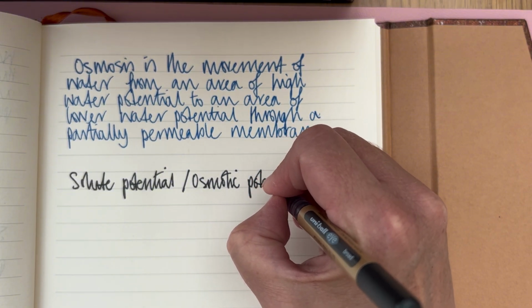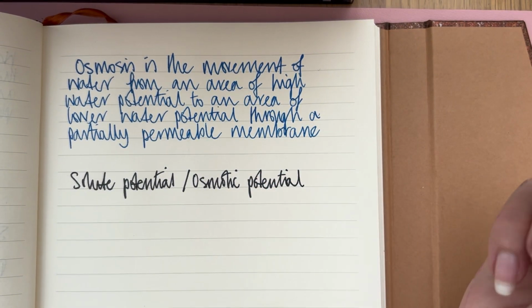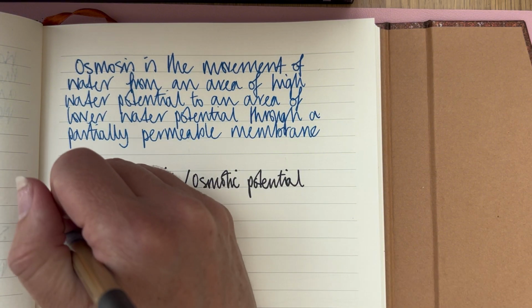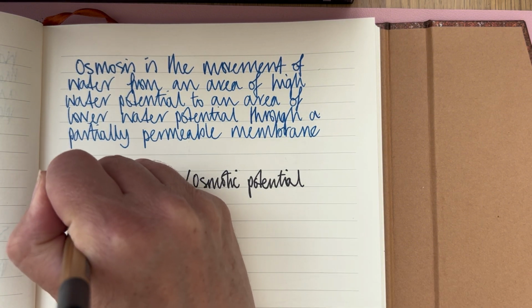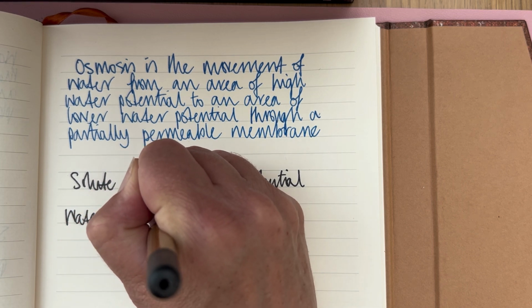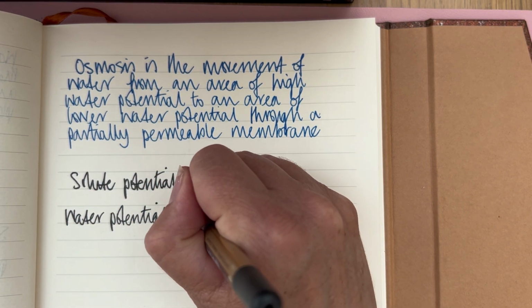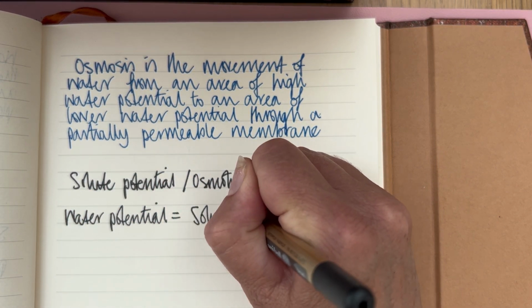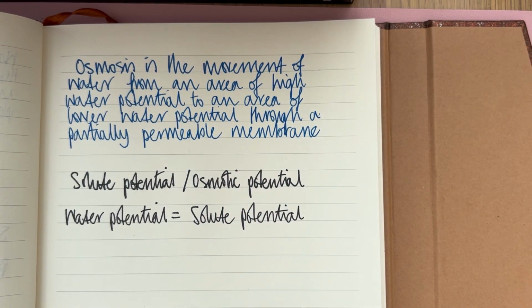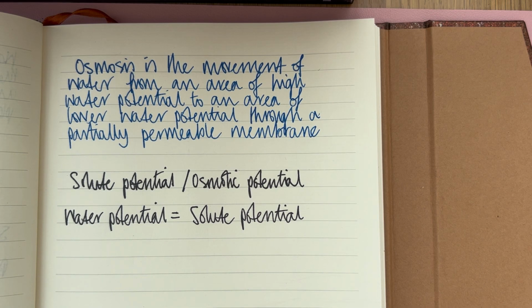If you're doing Edexcel biology A level, it's osmotic potential, but you might see it referred to as solute potential elsewhere. And so they are pretty much the same thing. And the water potential is being affected by the solutes. So it equals the solute potential. And for an animal cell, that's where we stop. Water potential equals solute potential.